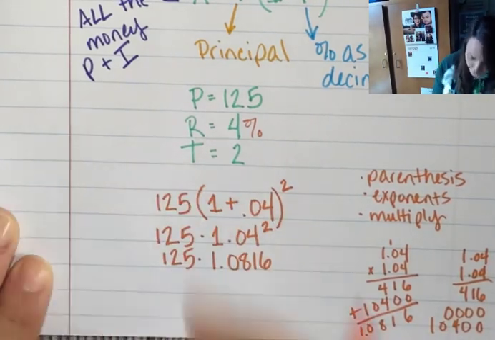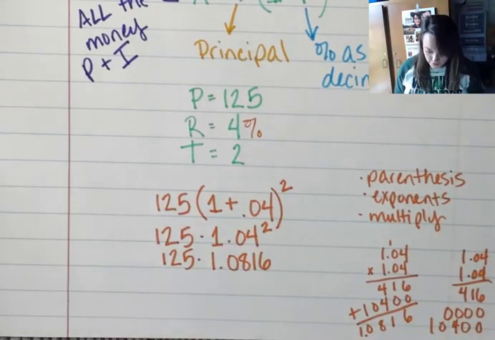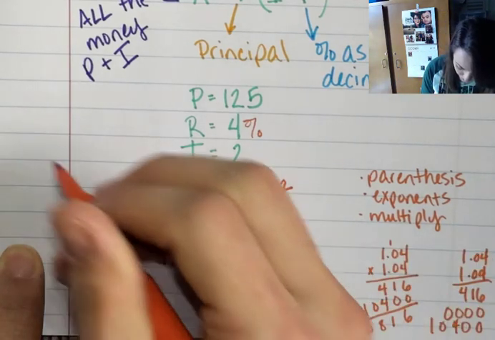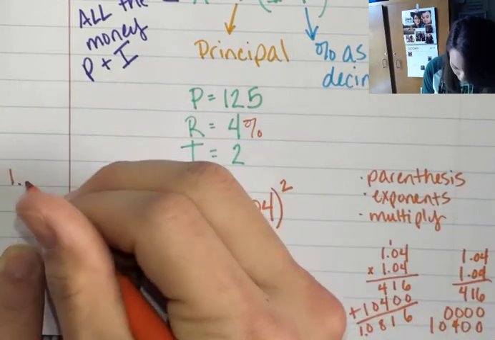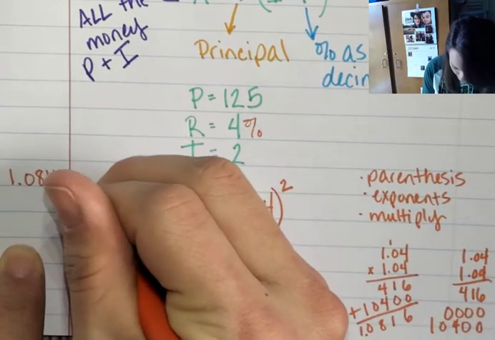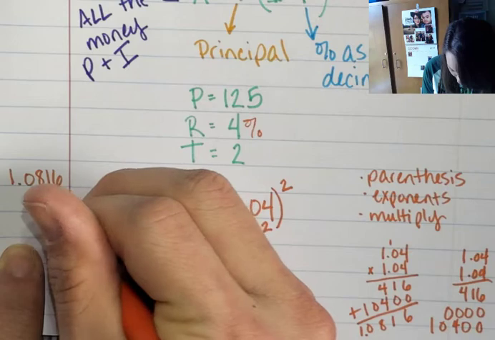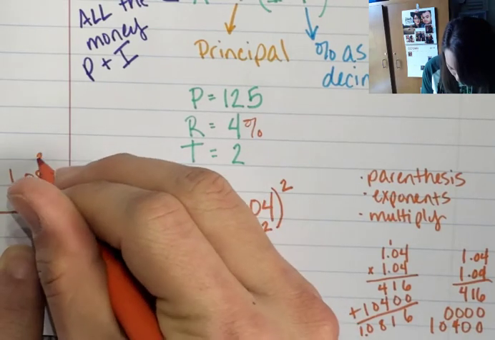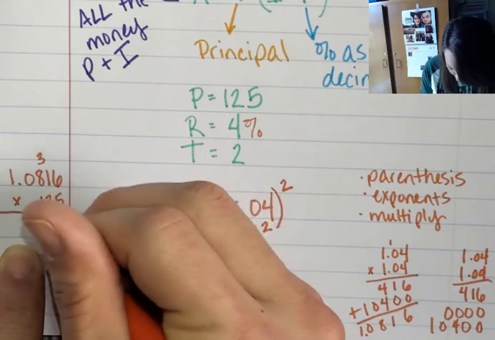So I learned a trick, although I've never done it. If you turn your paper sideways, it helps you line up your numbers. Has anybody done that? Oh, yeah, I always do that. Yeah, it takes up a lot of space. And 125 times 1.0816. That's 30, 8, 40, yes.